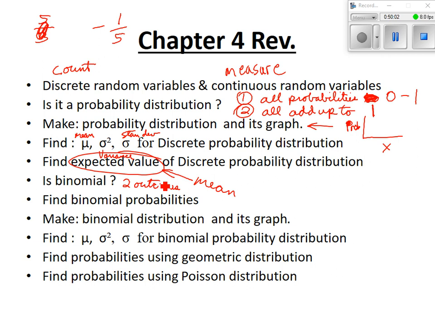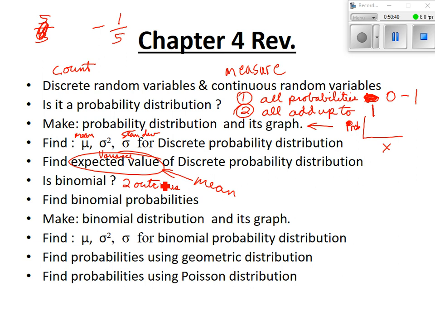Be able to find binomial probabilities. Make a binomial distribution. Binomial distribution, again, is the same thing as the other probability distribution: you've got your outcomes and your probabilities. Its graph is a histogram again, same idea. It's the same thing as we just did, except how many outcomes do you have? Two, instead of 5, 6, 7 outcomes.